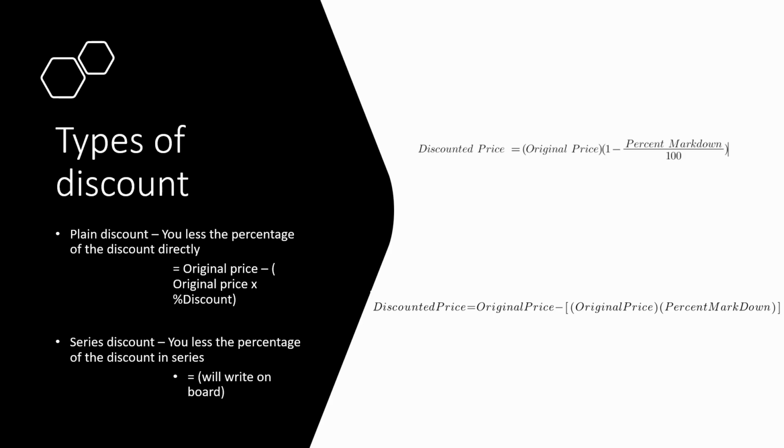But for the series discounts, these are used in situations in which you have more than one discount. Like for example, you have a regular discount of 10% and you have a 5% discount for being a SM Advantage card holder. So you're not going to add the two discounts together.